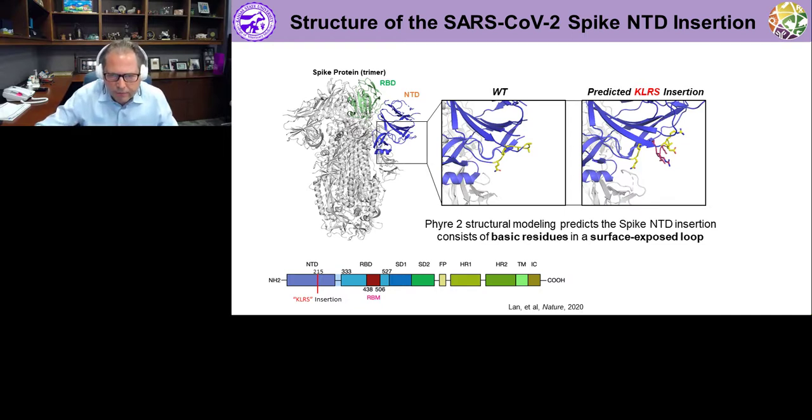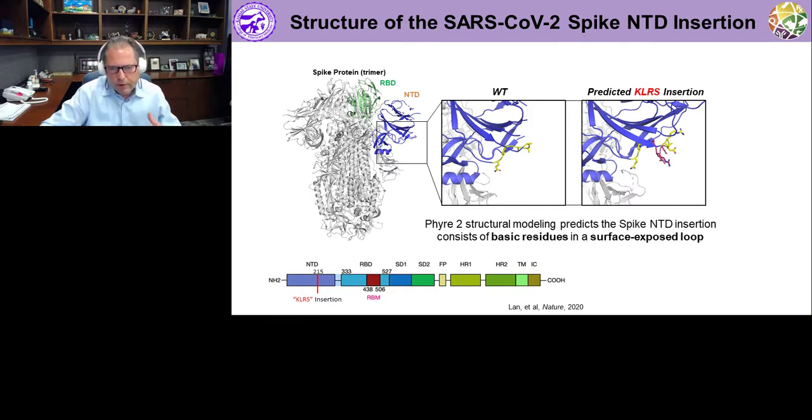And as you see now on the right, the wild type is on the left side, and the mutant NTD is on the right side. You see that these KLRS basic residues build a surface exposed loop, shown here in red.